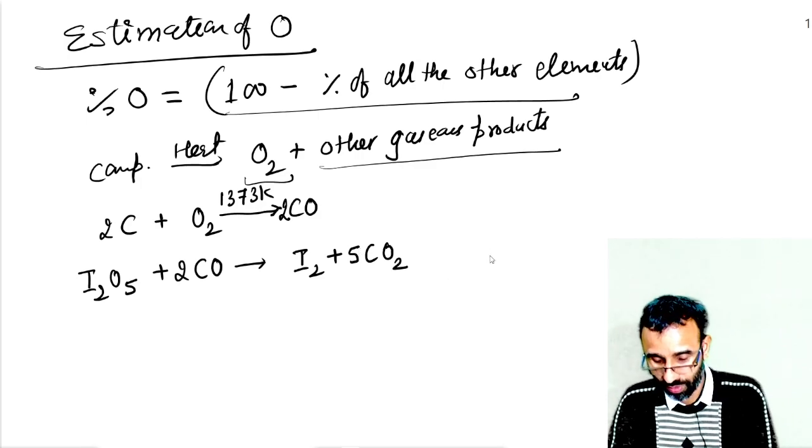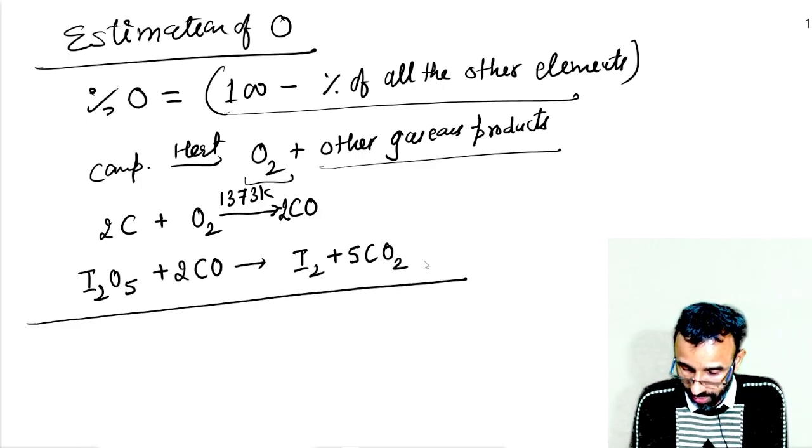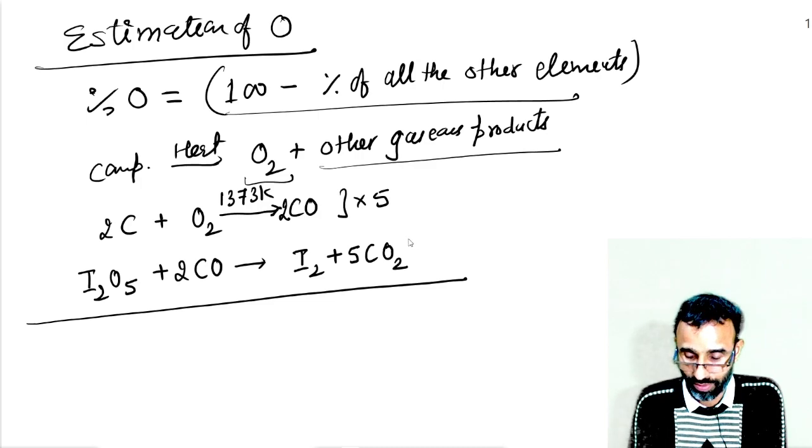I2 and 5 CO2. So overall reaction is multiplied by 5 and by 2.